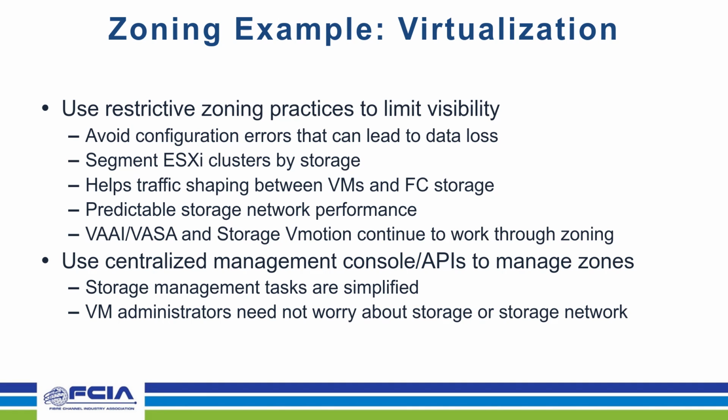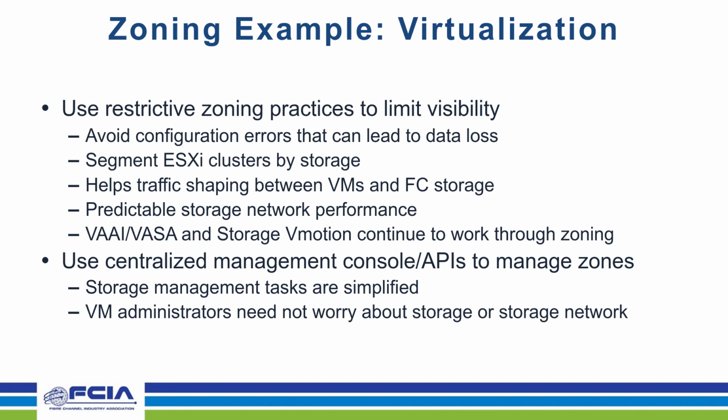ESX servers are all clustered, and every ESX server that is clustered needs access to the same storage for the cluster to work. And that means you need zoning practices that might mean you actually want more open zoning, but, a little bit counterintuitive, you want more restrictive zoning practices in terms of clusters.